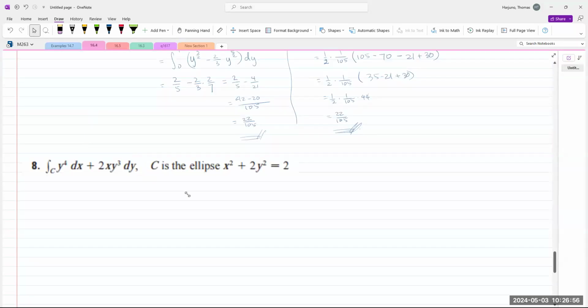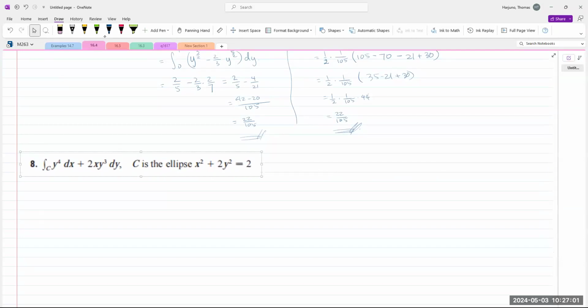Number 8, we have this integral over closed curve C of y to the 4th, 2xy cubed dot dr. Okay, that is equal to the double integral over D, which is the ellipse, of Q sub x minus P sub y dA.